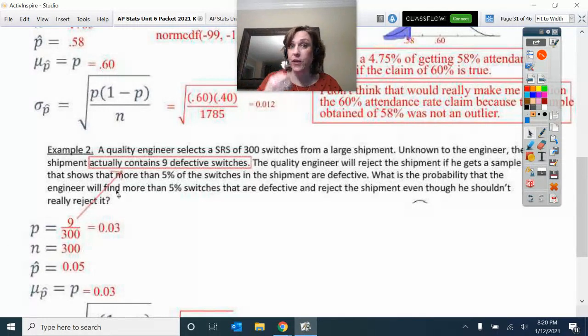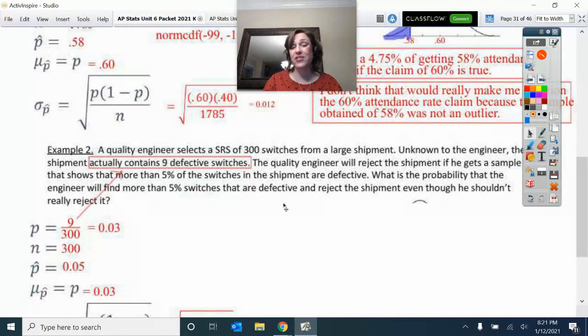Anyway, if that 300 shows that more than 5% of the switches are defective, then he's going to say, hold your horses, I'm going to reject this shipment and send it back. So what's the probability that this quality control engineer will find more than 5% defective switches?